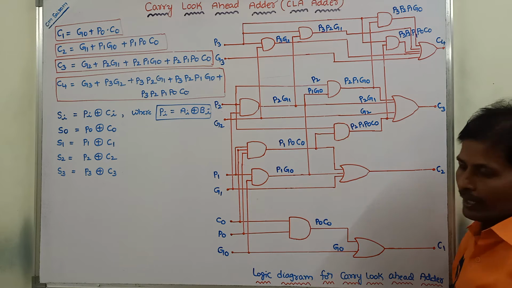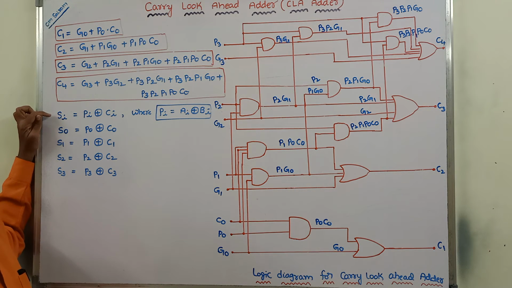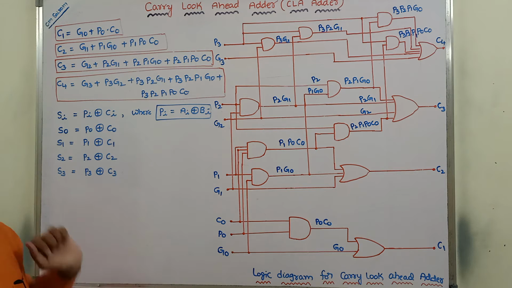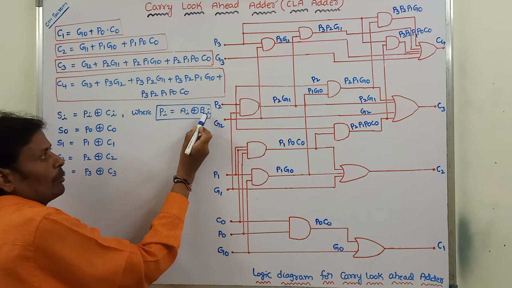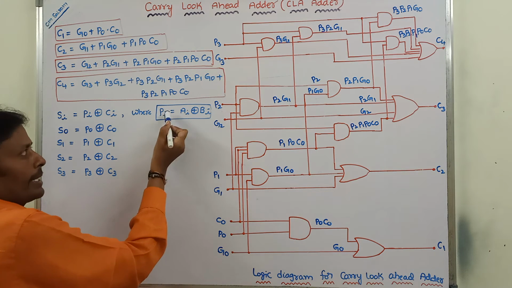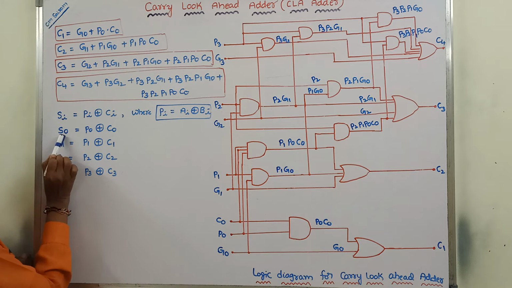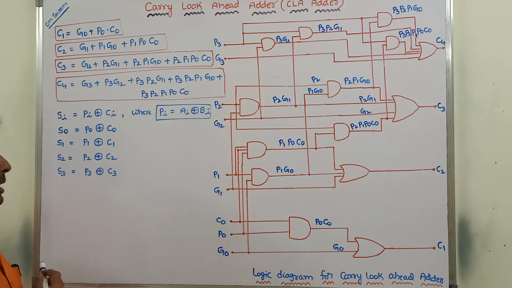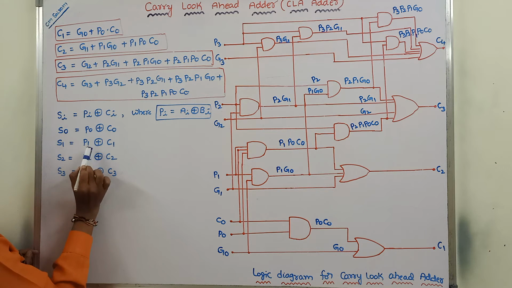Next, we know the sum output formula. Si is equal to Pi exclusive OR Ci, where Pi is nothing but Ai exclusive OR Bi. This is the carry propagate. Put i value equal to 0, then we are getting S0 is equal to P0 exclusive OR C0. Put i value 1, S1 is equal to P1 exclusive OR C1.